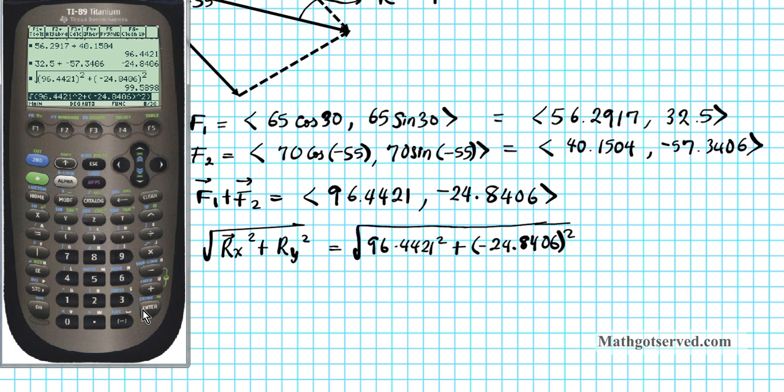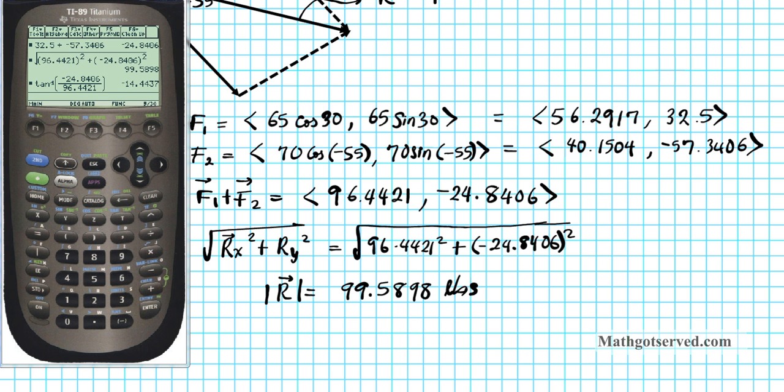Direction theta of the resultant vector R is going to be the inverse tan of the y component of vector R divided by the x component of vector R. So that's simply going to be the inverse tan of the y component right here, which is negative 24.8406 divided by the x component, which is 96.4421. All right, let's go ahead and evaluate what that expression equals.